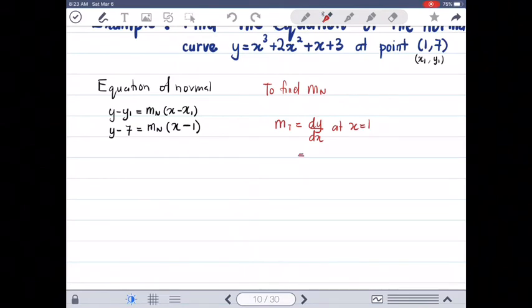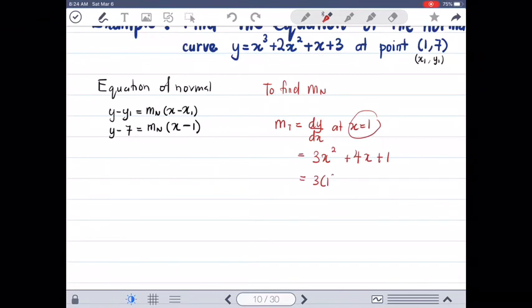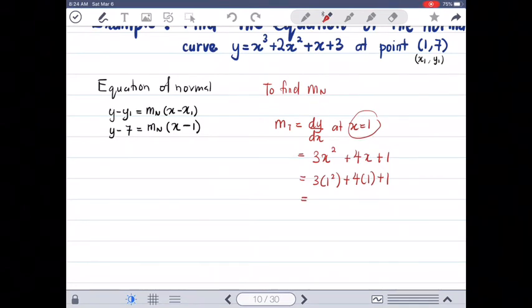So dy over dx is 3x squared plus 4x plus 1. At x equals 1, it becomes 3 times 1 squared plus 4 times 1 plus 1. You should get 8.